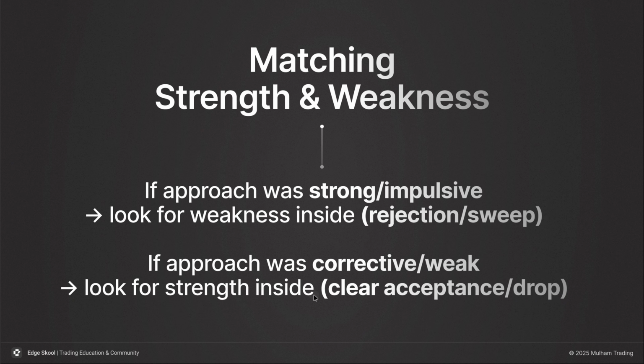In that case, even when the price behavior is not that good, you could still look for an entry and take the risk if you have a clear acceptance and a drop. But if price was coming aggressively and strongly and impulsively into your key level, you could just look for a rejection or a sweep, and that's going to be enough entry for you. So you want to match the strength and weakness together. When you have strength approaching the key level, you want to have weakness inside the key level.